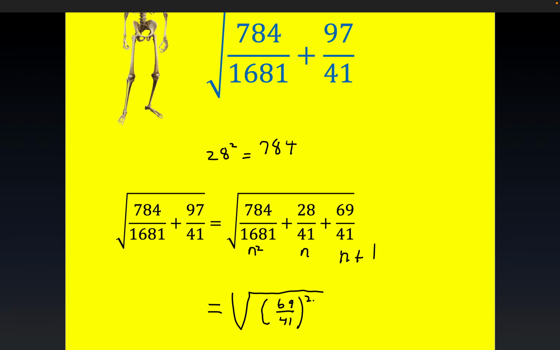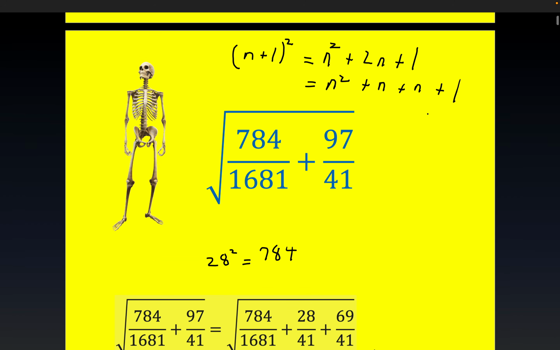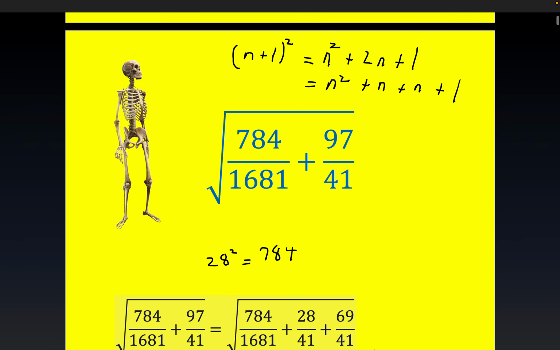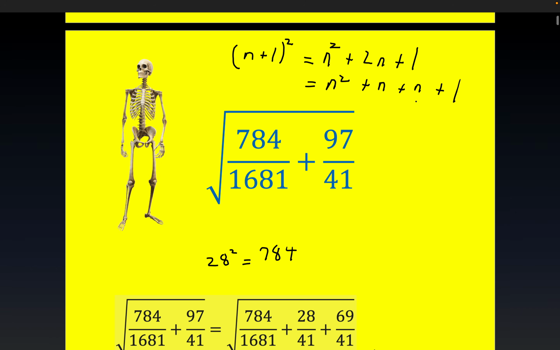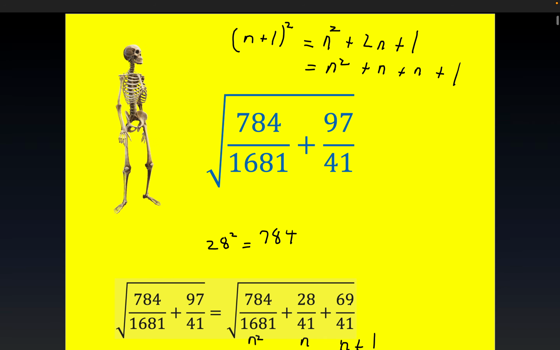But this last term, quantity squared, that's kind of neat how it manifests based on this identity right here, okay? So we have n plus 1 quantity squared is equal to all of this, and so we have n plus 1 right here.